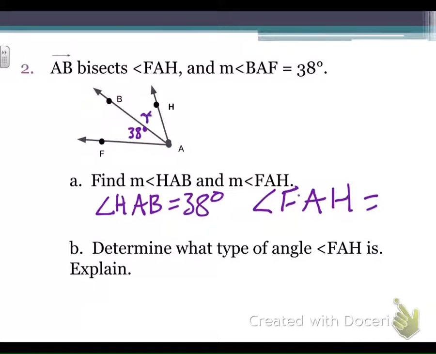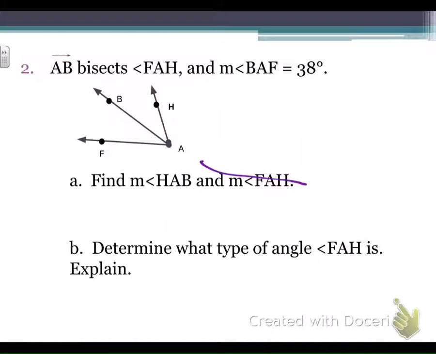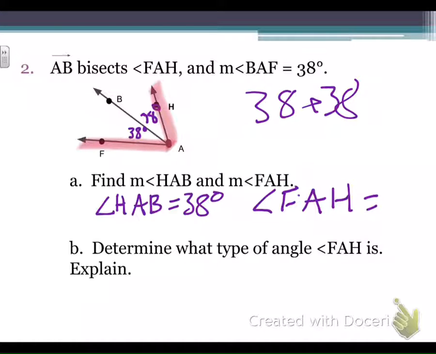Okay, well, I'm given 38 degrees and 38 degrees. Now I'm looking for the whole thing. I add them together. Very good. So 38 plus 38 gives us 76 degrees. So, what type of angle is FAH?